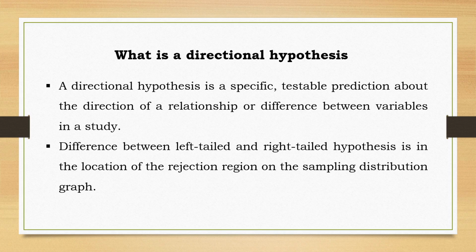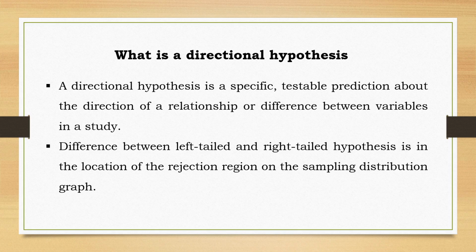A directional hypothesis is a type of testable hypothesis where it shows the direction of the prediction by looking at the relationship or the difference between the variable in a study. This is a hypothesis where the expected direction of the relationship or difference between variables, such as an increase or decrease, is stated.